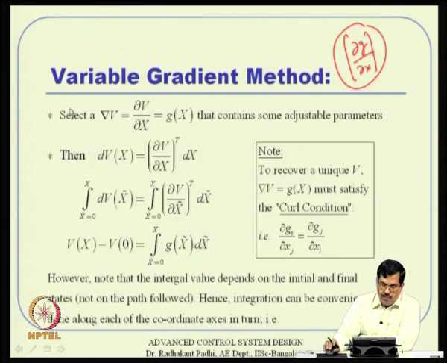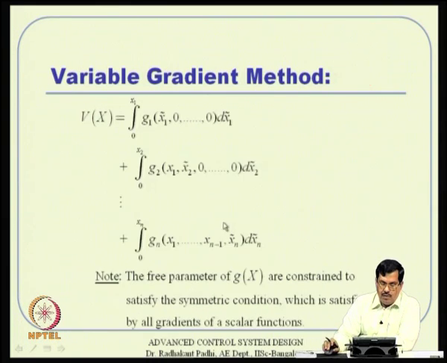So, v of x, when you integrate this, what does that mean? For v of x, you first integrate along the x1 axis. All other axes are 0 anyway, then whatever function comes out, plus wherever you are, x1 remains. Then now you vary x2, x2 will vary from 0 to x2, then you vary x3. x1 tilde, x2 tilde and x3 tilde are your integration variables, and you keep on doing that until the last coordinate is reached.